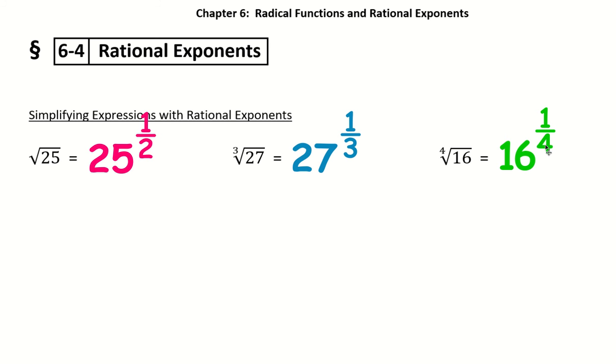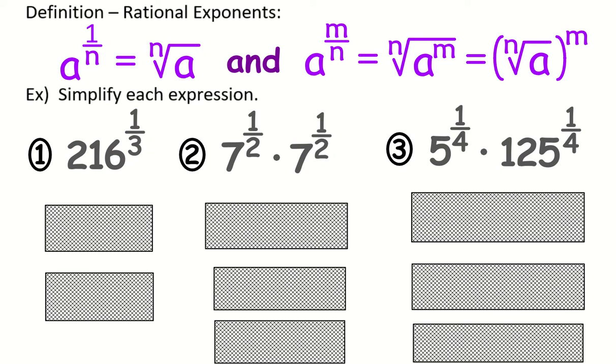If your power is a fraction, the denominator of that power represents what kind of root you're taking, but the numerator is technically still a power. So it's like this: you're raising 16 to the 1 power, but at the same time you're taking the 4th root. And that's what this is basically saying in purple.